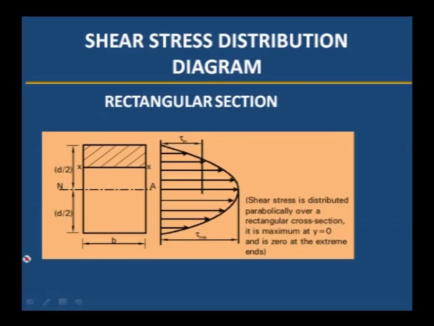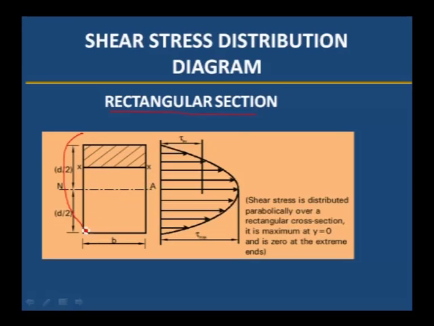Let us see how shear stress distribution occurs in three cases. First is the rectangular section, second is the T section, and third is the I section. One is the rectangular section.